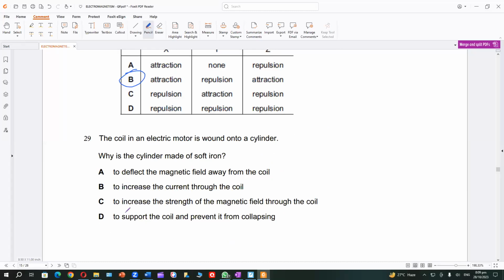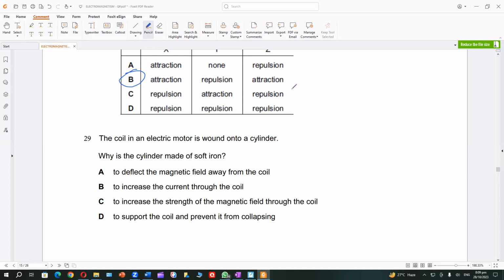Now this 29. Why is the cylinder made of soft iron?